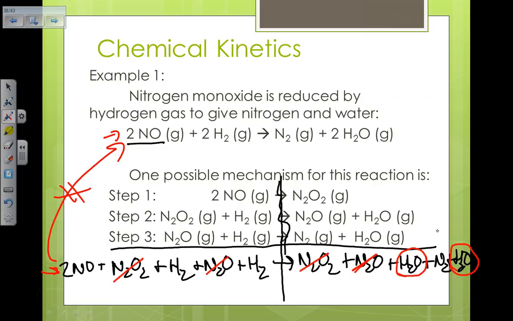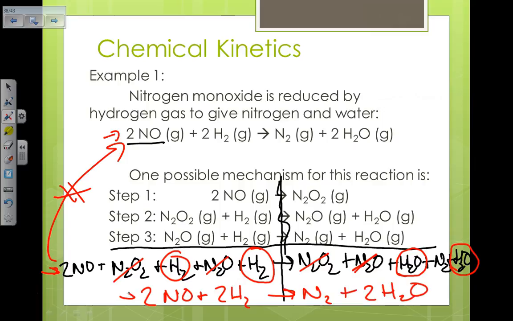Notice we have 2H2O, and on this side we have 2H2. So we have 2NO plus 2H2 reacts to form N2 plus 2H2O. So does this reaction add up to the overall reaction?